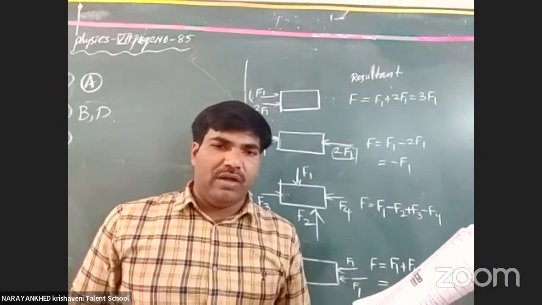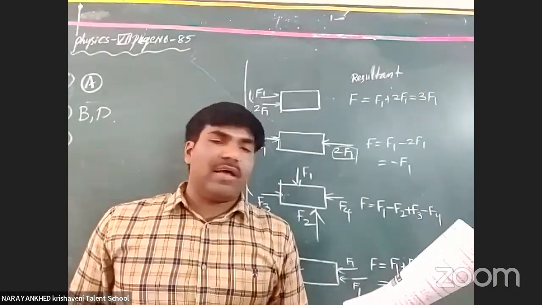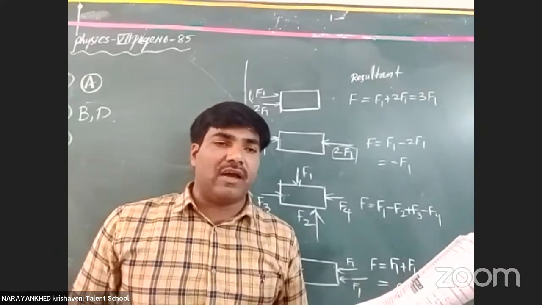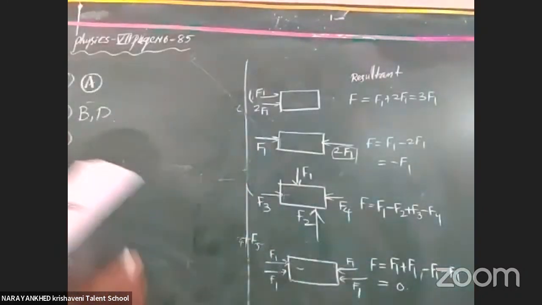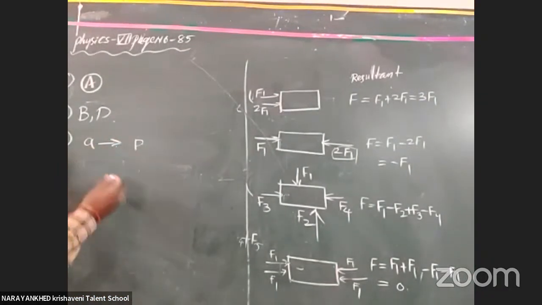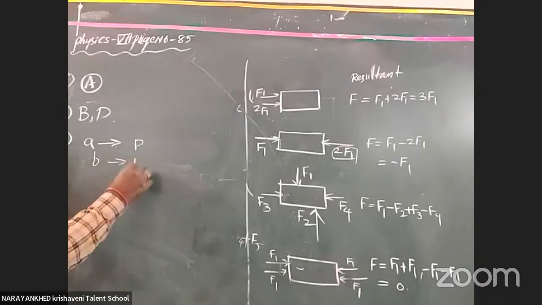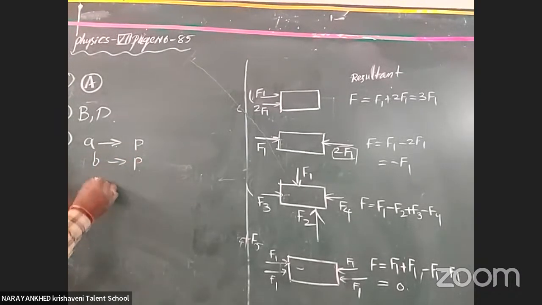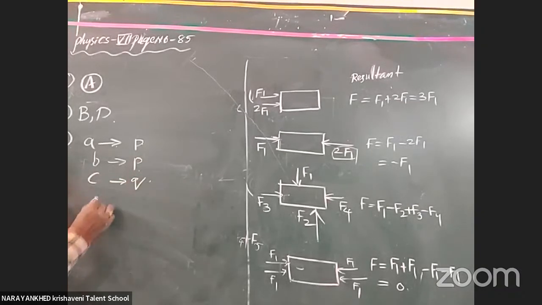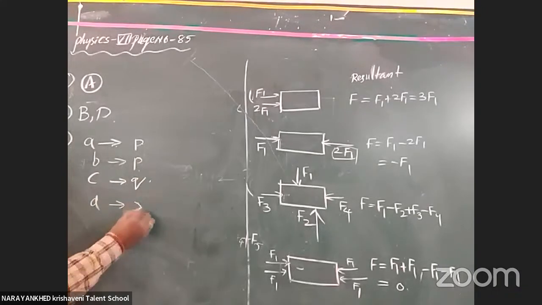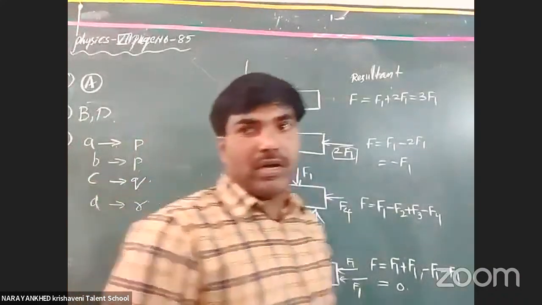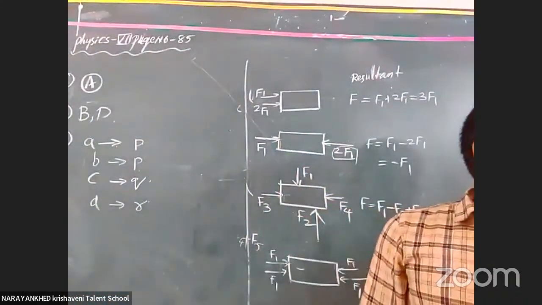Action is equal to minus reaction is called Newton's third law. Clear or not? Then A is matched with P, and B is also matched with P only. C is matched with Newton's second law, Q, and D is matched with S and R, Newton's third law. Got it or not? This is only about the third one.